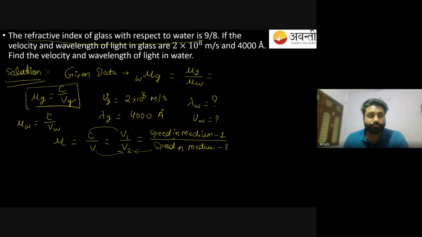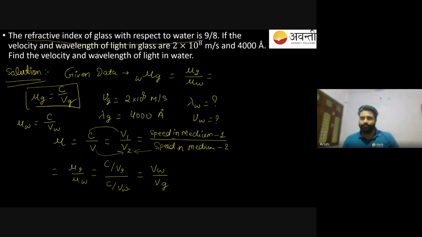Okay, so if you take the ratio of it, what will you get? Mu g by mu w equals c upon vg, c upon vw. This vw goes up and this comes down. So this is vg. Okay.